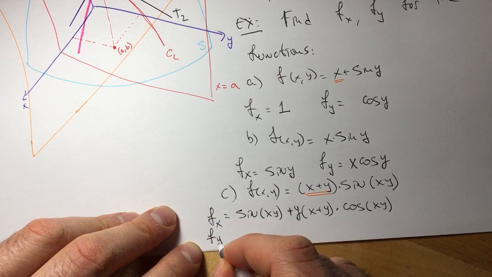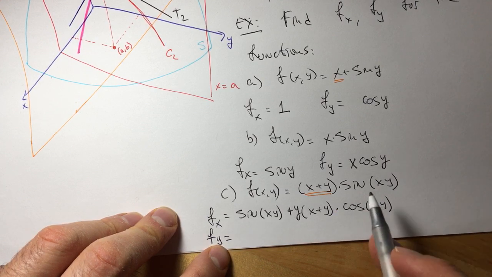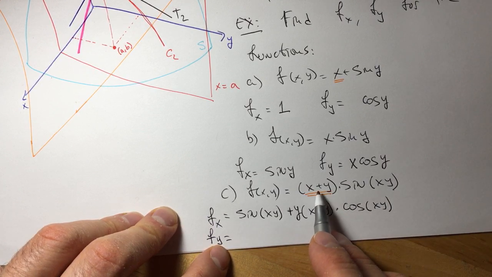Similarly, partial f partial y is going to be equal to, well, here I can use even some kind of symmetry, but let's go step by step.